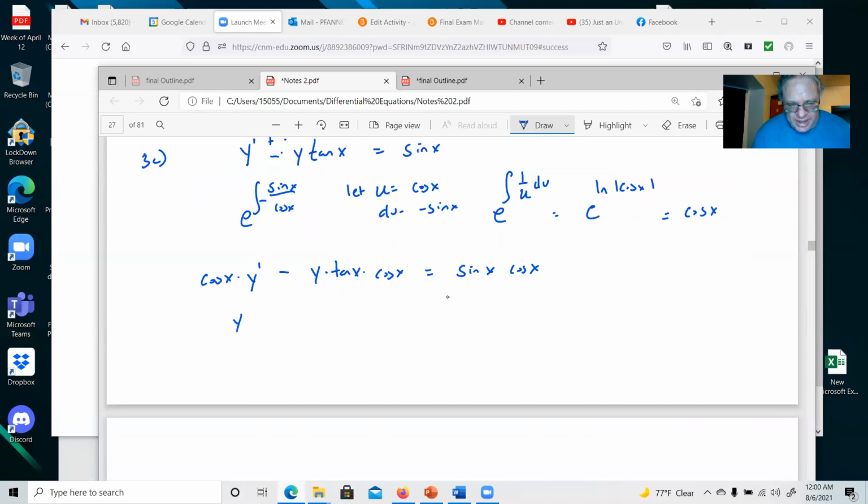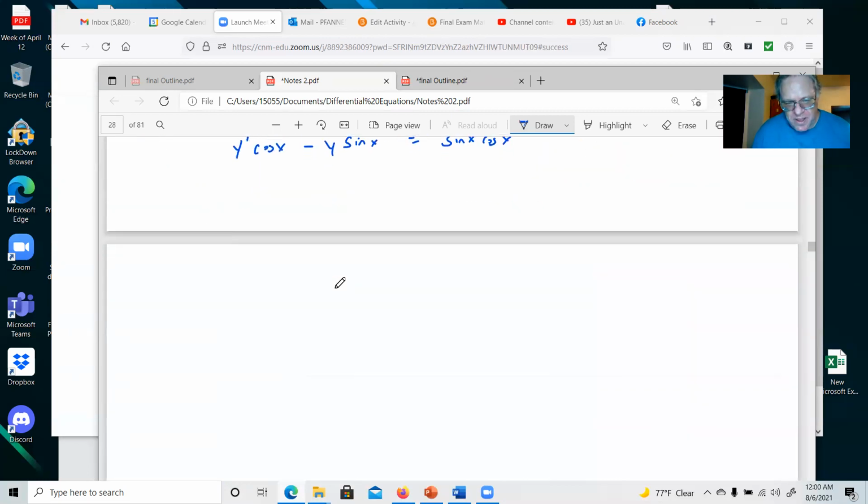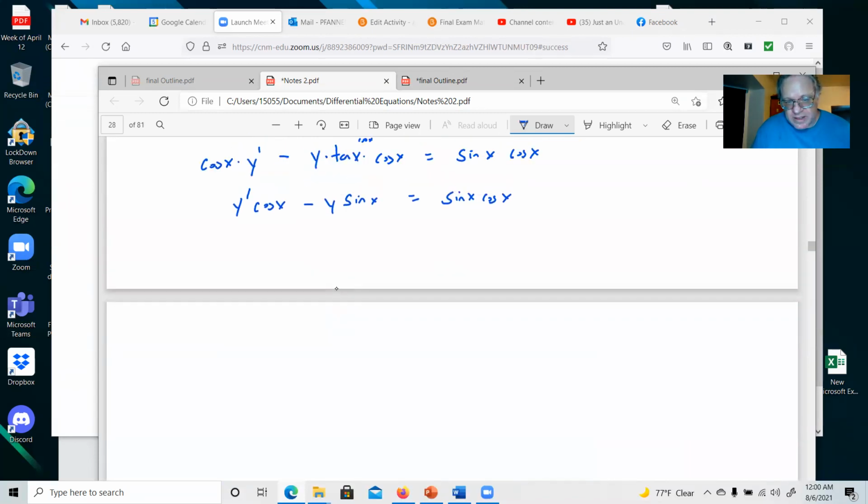So this is y prime cosine x minus y, and sine over cosine, the cosines are going to cancel, sine x, is equal to sine x cosine x. I only did that to make it obvious that this is the derivative of y times cosine x. I think you can take that product rule by inspection and say, oh yeah, that is this, is equal to sine x cosine x.